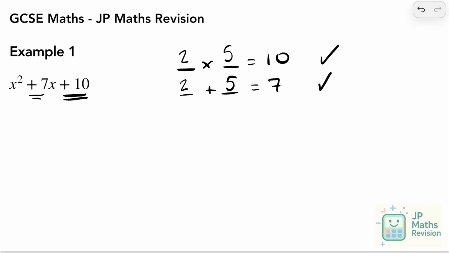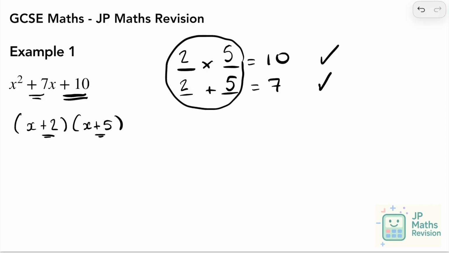Once we have the combination of numbers, we simply write it as x plus 2 and x plus 5. The 2 and the 5 are the numbers we have just found. Once we've done that, we have our answer. If we wanted to double check that our answer is correct, we could expand out the brackets.